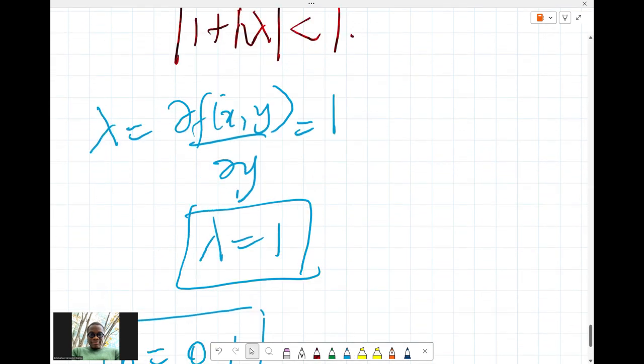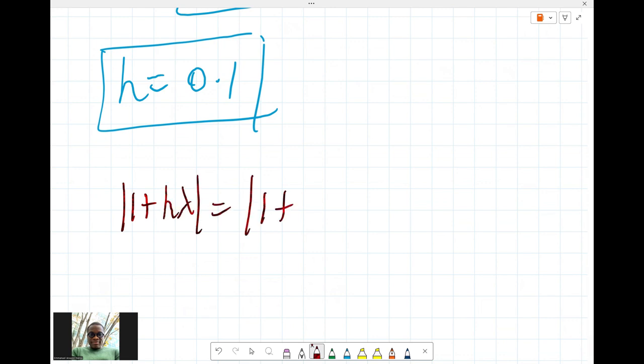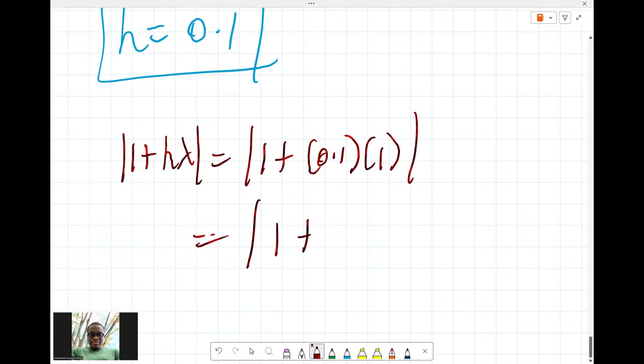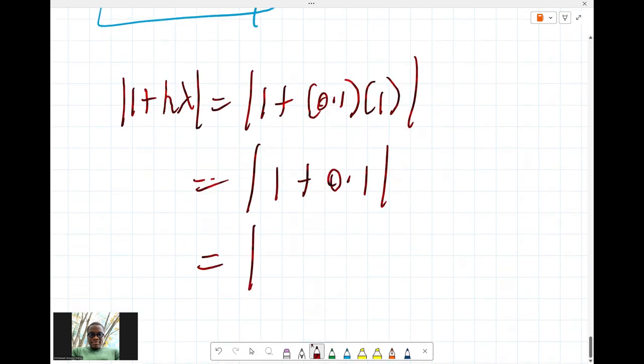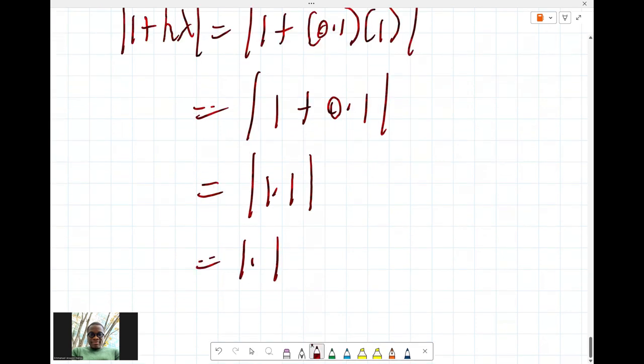We can then say that the absolute value of 1 plus h lambda is equal to the absolute value of 1 plus 0.1, which is equal to the absolute value of 1.1.